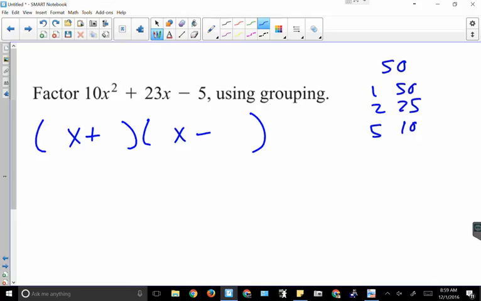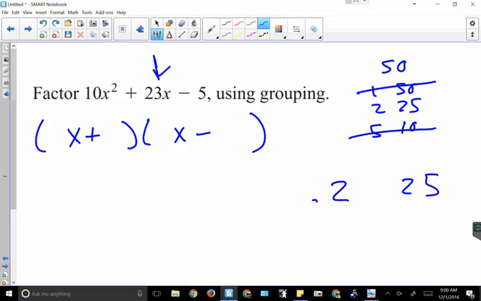Well, what's the difference between 1 and 50? It's 49. It won't work. What's the difference between 5 and 10? 5 won't work. What's the difference between 2 and 25? 23. And what are we looking for? 23. So I know that I am going to have to use 2 and 25.